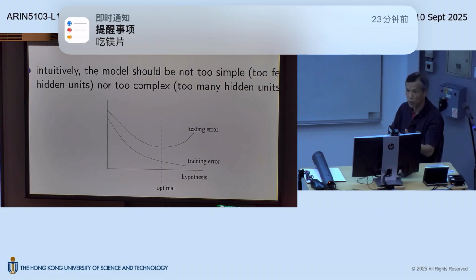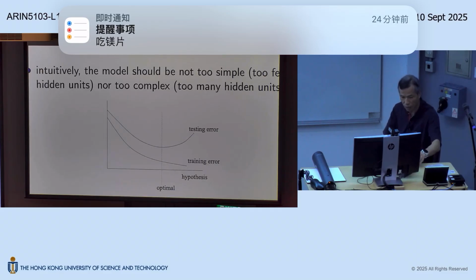Or you use a very complicated boundary that we saw on the first slide, then the classification error can also go to 0. But intuitively, although the training error can go to 0, the testing error will be very high, because you are kind of fitting the noise.